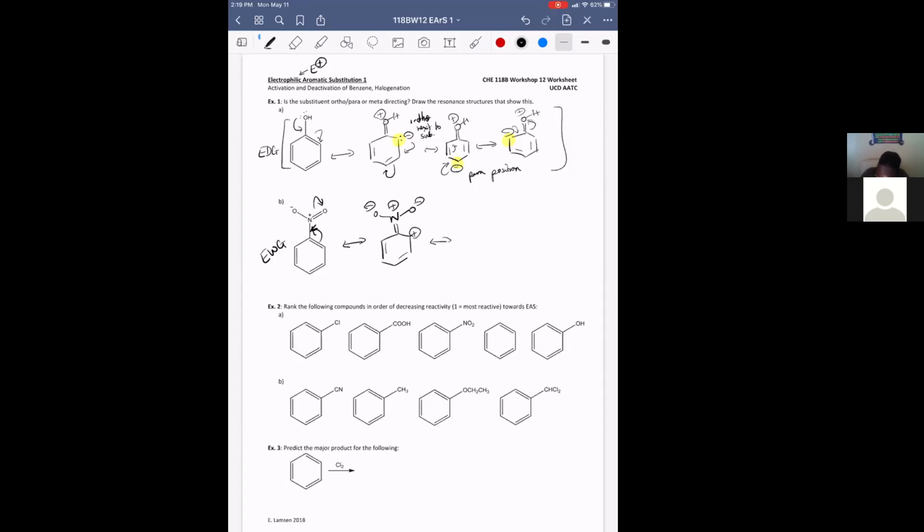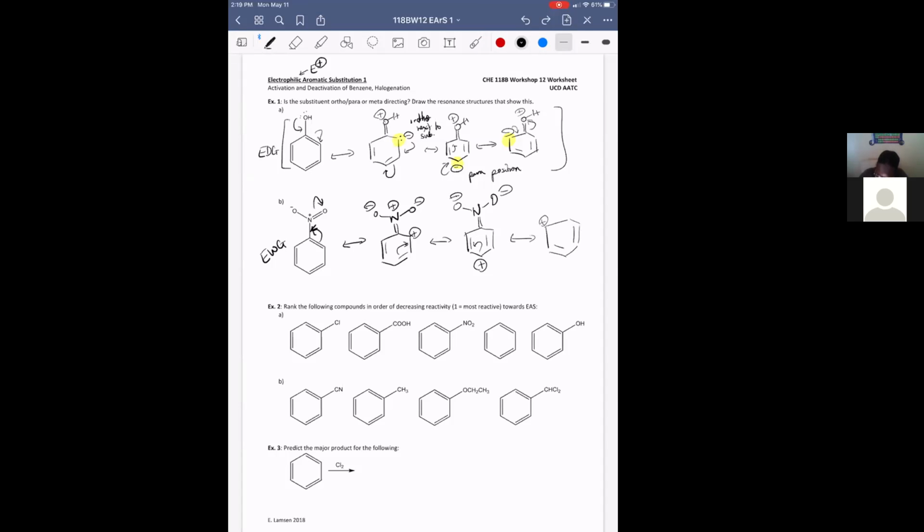If we continue to push electrons, we can shift the positive charge, so now we have a positive formal charge at the para position. In our last resonance form, we get a positive formal charge in the other ortho position.